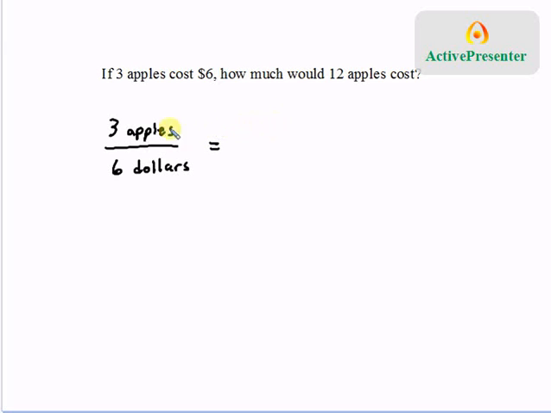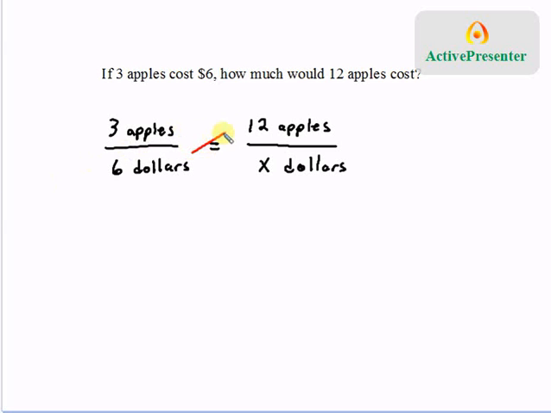So in other words, if we have 3 apples to $6 and the apples are on top and the dollars are on the bottom, then however we set up our proportion, the apples have to be on the top on this proportion as well, and the dollars have to be on the bottom as well. So in this case, we're going to put our 12 apples right here on top, because apples to apples, if you will. And then $6, and we don't know how much 12 apples cost, so we'll use x for our amount of dollars.